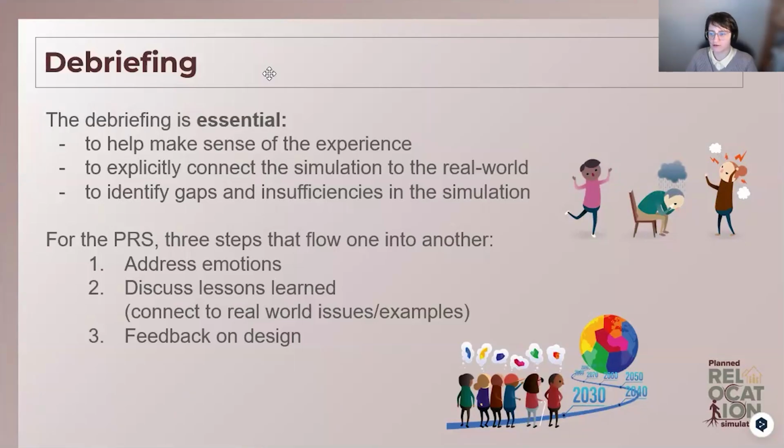You could also consider taking some notes to bring into the debriefing. That's why I was also mentioning earlier the observers and the observation protocol that we attached, because again, this may help you with bringing certain steps into the debriefing.